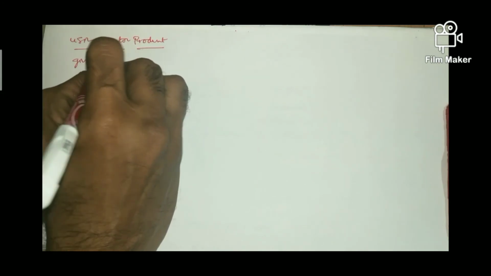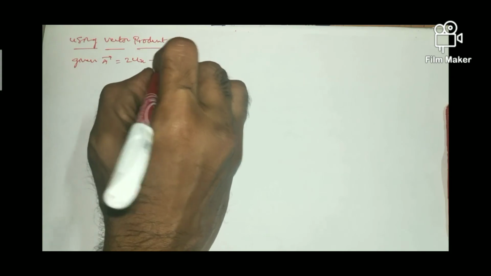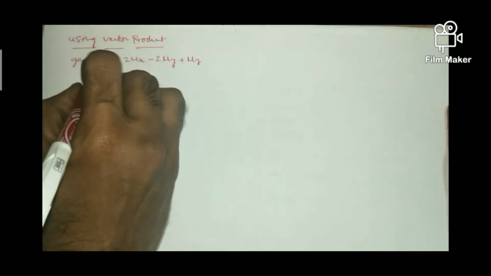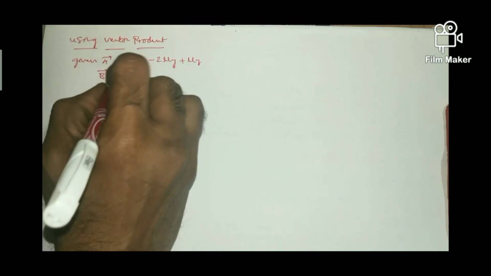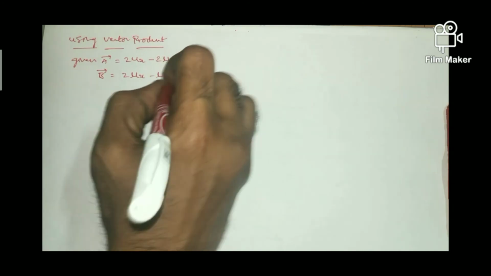Now let us do the same problem using the vector product. Given a bar as equal to 2ux minus 2uy plus uz, and b bar as equal to 2ux minus uy minus 2uz.